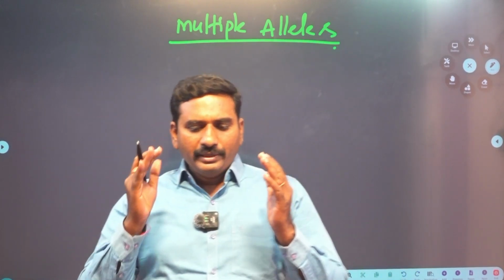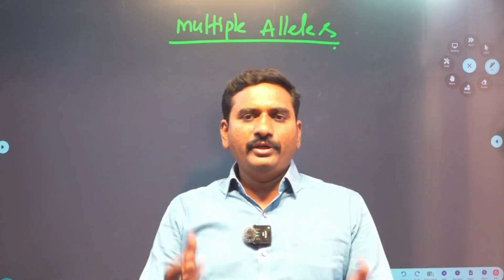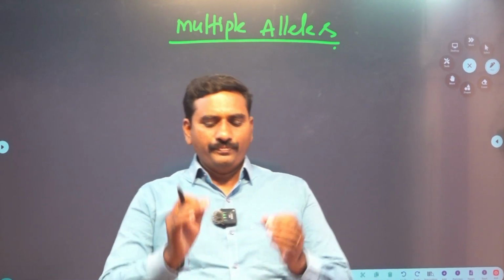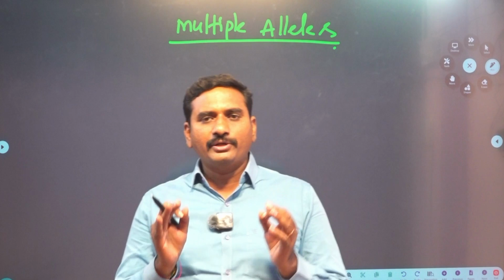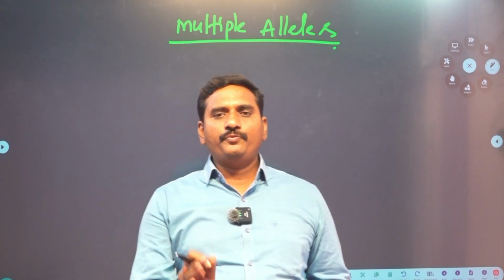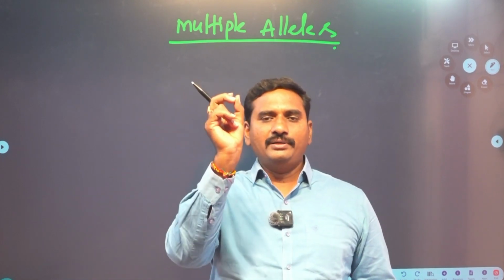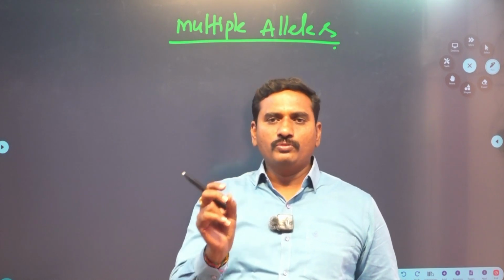Naturally, in any human being, each character is controlled by a pair of alleles at the locus of the chromosome.